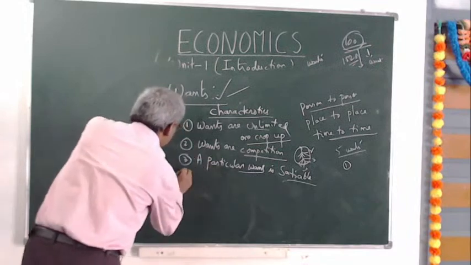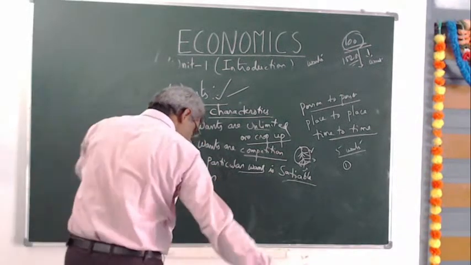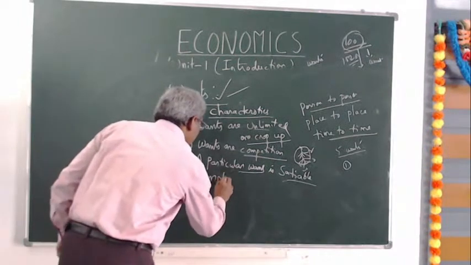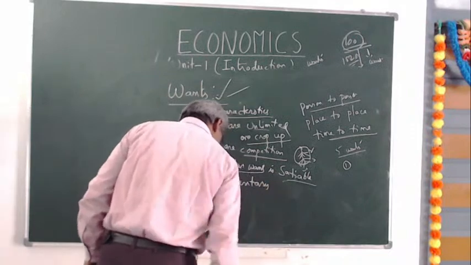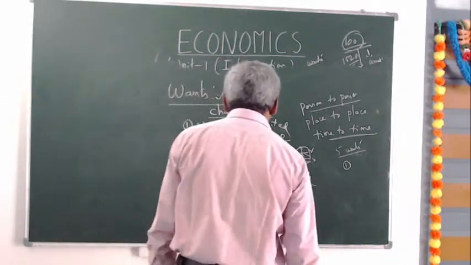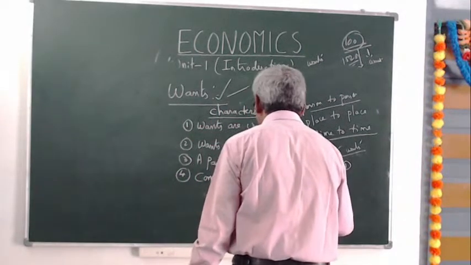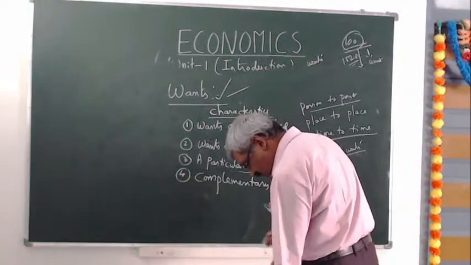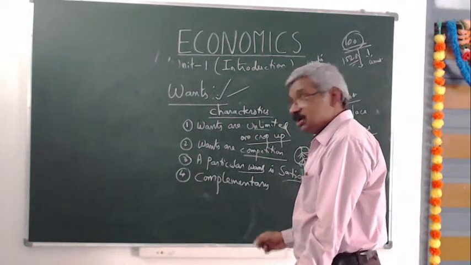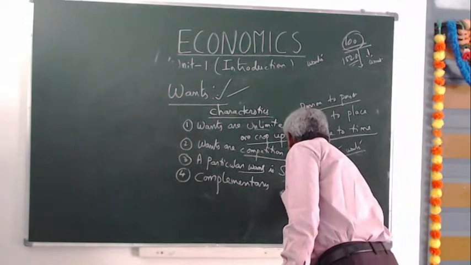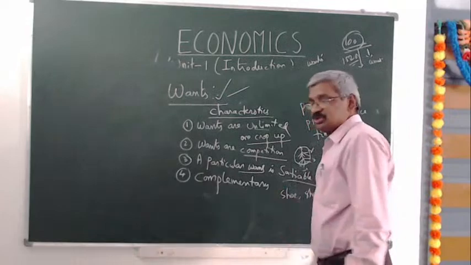And the fourth characteristic: wants are complementary. Suppose one want is satisfied and another commodity is also needed. Suppose a shoe. How can you use the shoe without socks? Shoes and socks are complementary goods.